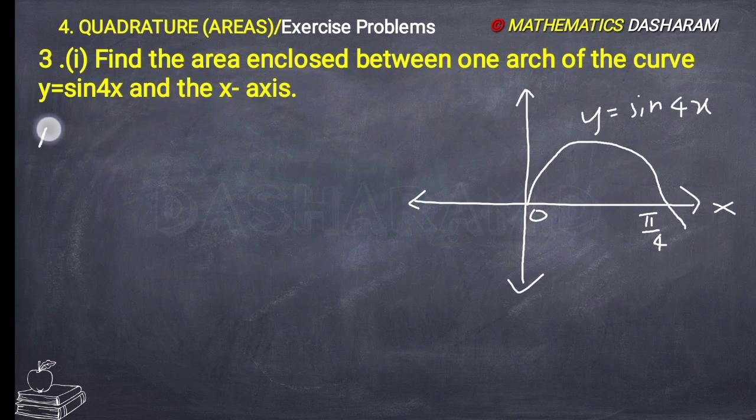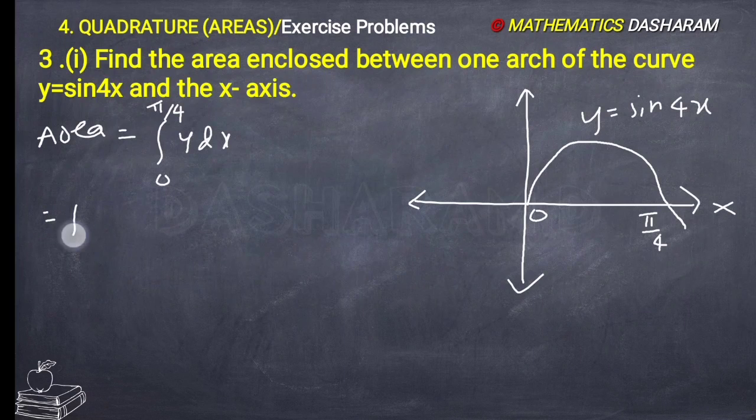So the required area equals integration, your limits are 0 to pi by 4, y dx. It is equal to integration 0 to pi by 4. The y value is how much? Sine 4x dx.